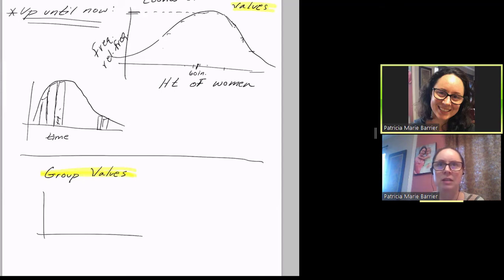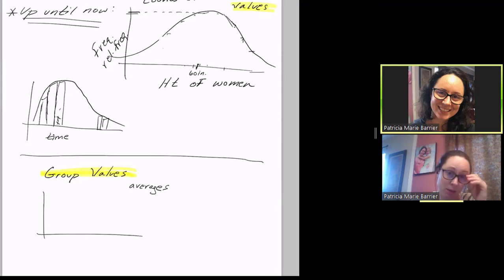That's a feature I could easily summarize off of the values, and it might have some meaning to me. So on my graph, instead of looking at individual values, let's talk about average. What are the averages for each group or each sample I've collected?